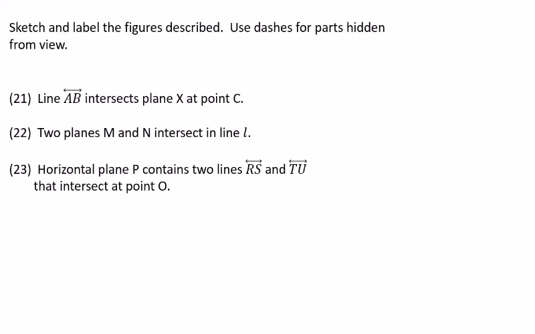All right, so here we're sketching and labeling these figures. We're going to use dashes for parts that are hidden from view. So 21, we have line AB that intersects plane X at point C. Let me draw the plane first. So we have plane X here.